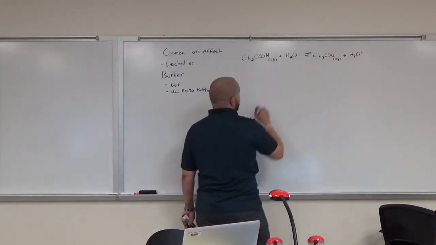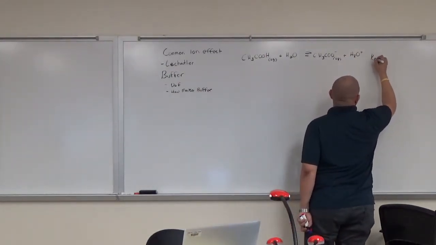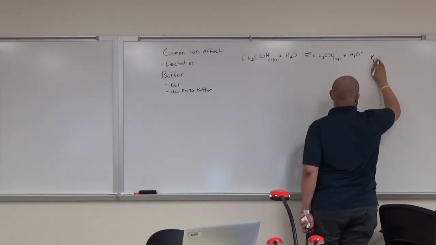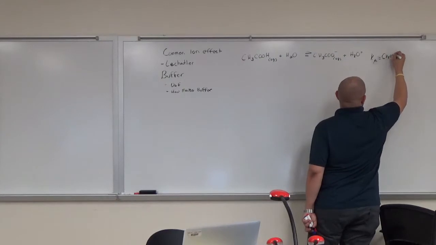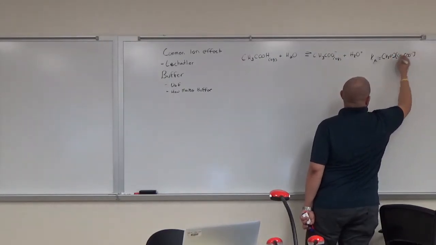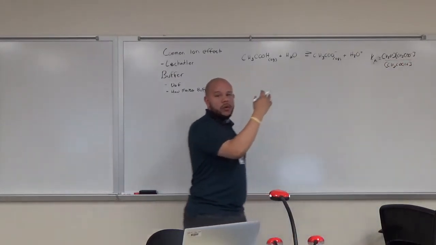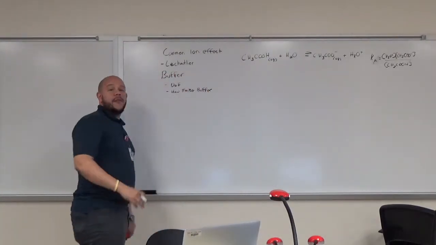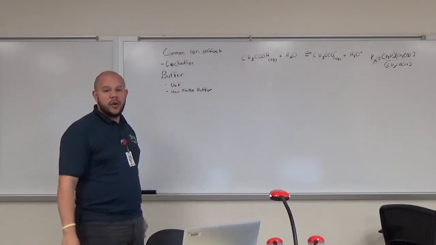And this equilibrium expression is described by Keq or Ka specifically, which is H3O plus times CH3COO minus all over acetic acid, right? We should be able to write the Ka for any of these expressions at this point. This is extremely imperative, right?